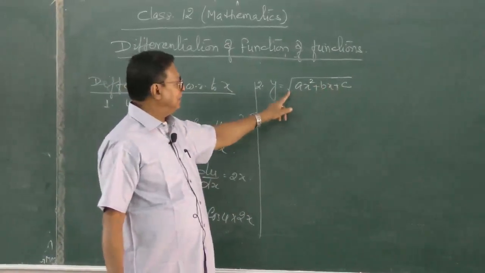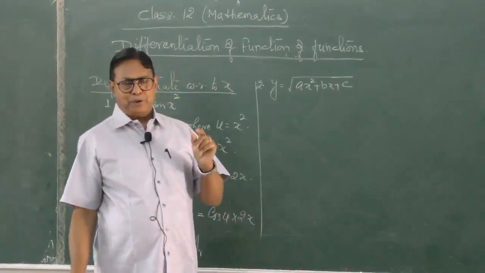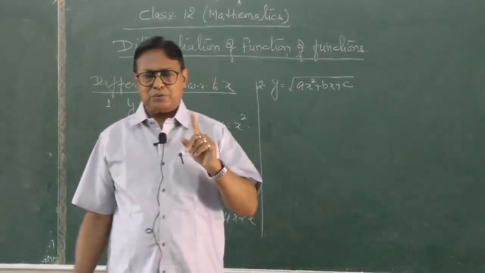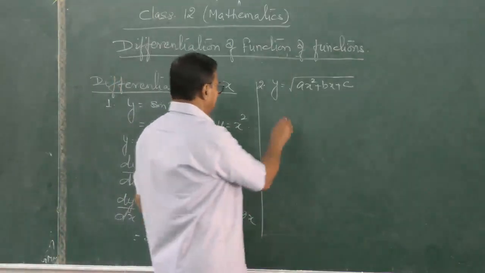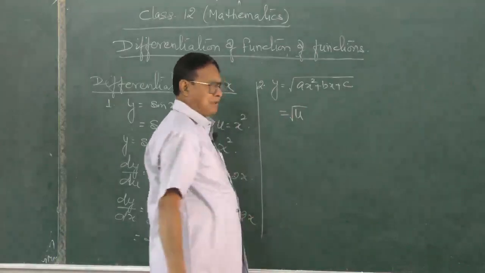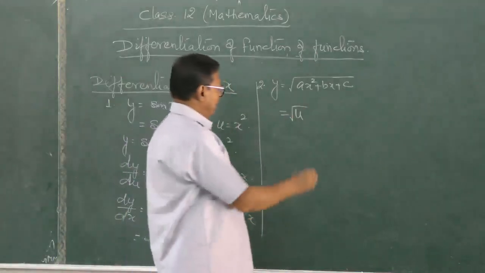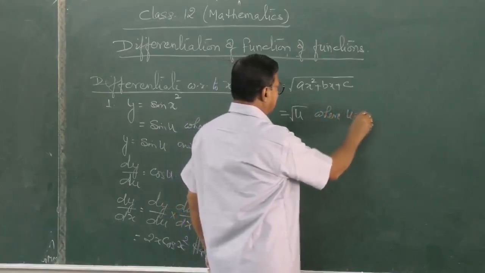But since there is another operation involved, root over u, and we have a formula for an algebraic function only for x to the power n, one variable x to the power n, what I do here is write it in that form, making it a single variable. So for u, I have written this.